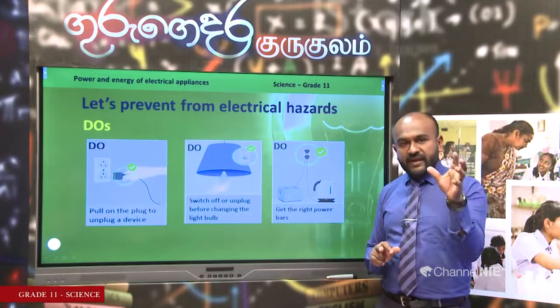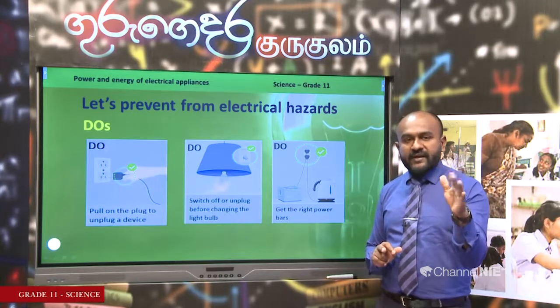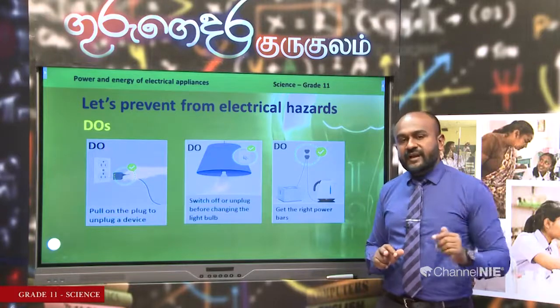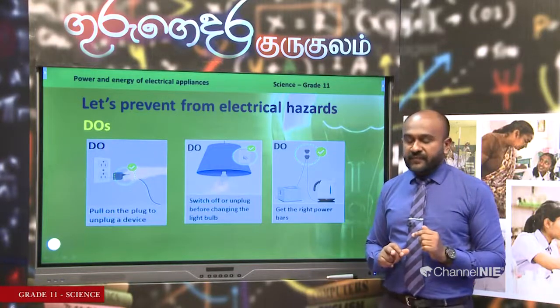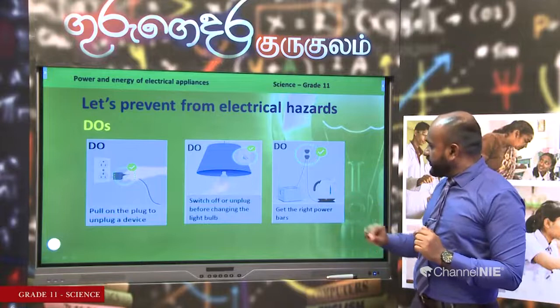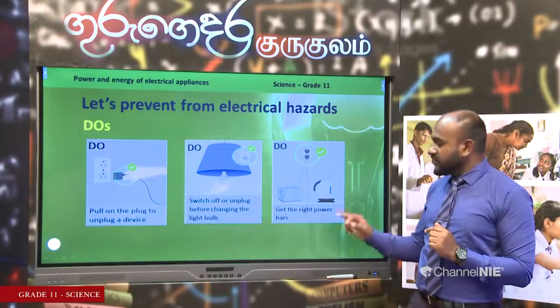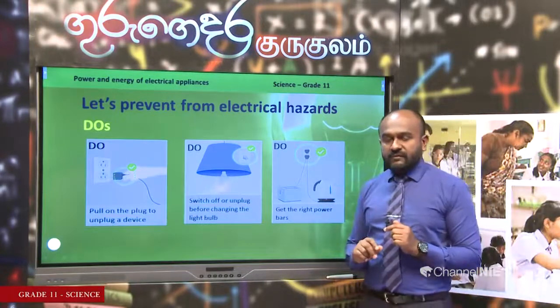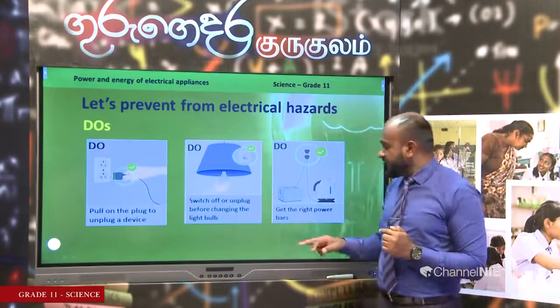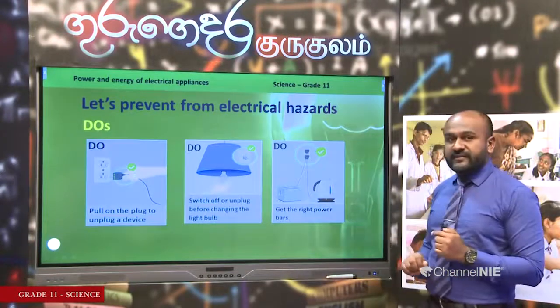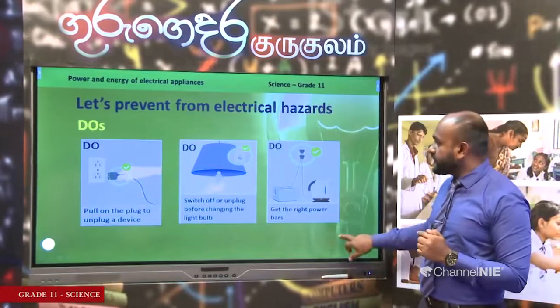In instances where the metallic part of the appliance becomes live, current will be sent to the ground through the earth wire. And if the appliance has a plastic cover, then a 2-pin plug would do. That is what it says, get the right power bars. Let us go to the next one.